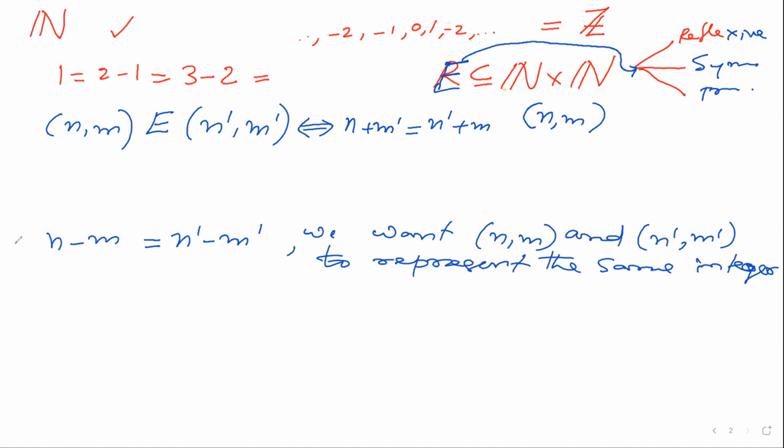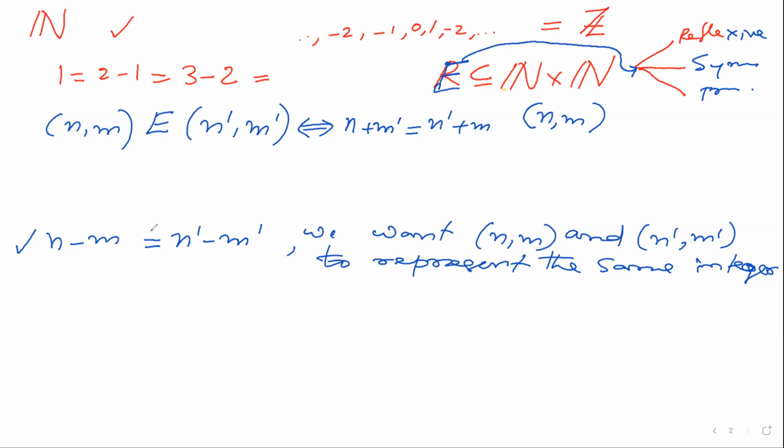Because if this is true, isn't this the condition represented here? This is what is represented here: n minus m is n prime minus m prime. And if we can identify this with this, because this along with this satisfies this, follow?